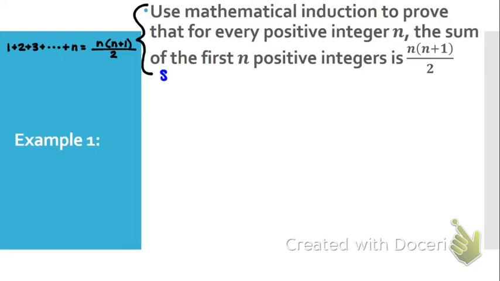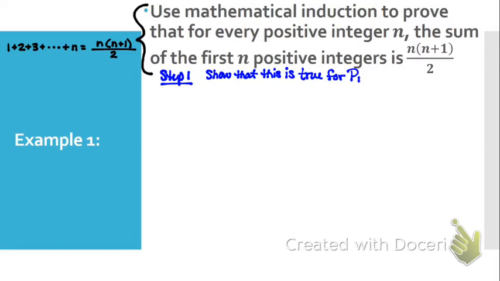So step one, show that this is true for P sub 1. So positive integers beginning with n, in this case n is 1.